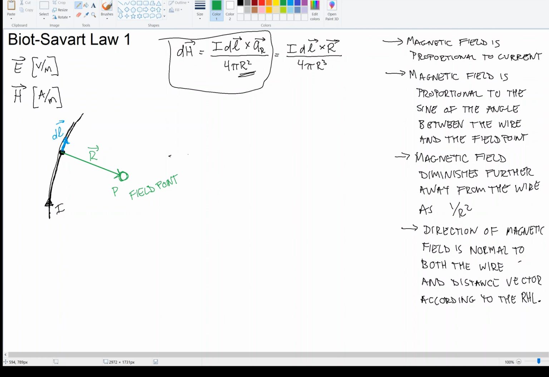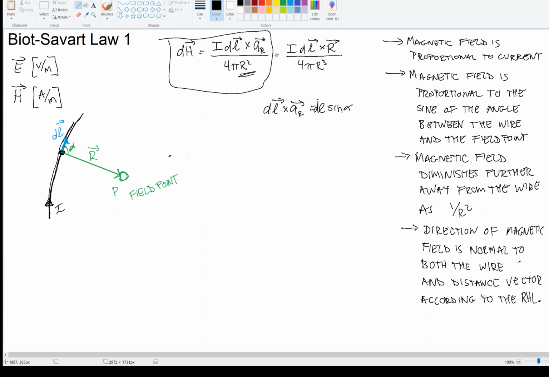Okay, and now I'm going to look at the angle in between these guys. Call that alpha. And I need the angle in between them because I'm going to compute a cross product. And remember, there's a sine of the angle in between them that I need. Just to remind ourselves, the cross product of those two things would be the length of dl times 1, because this thing has a unit length, times the sine of, in this case, alpha. Right?